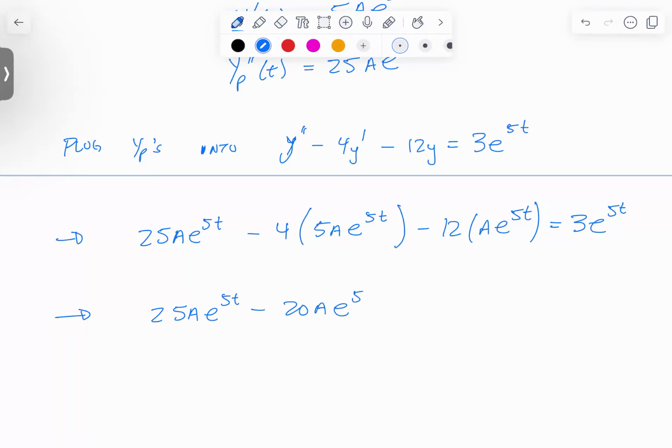And then I'm also going to simplify this down. Now also notice that I'm plugging this in, not the entire associated, because the point is I need to figure out what A is.